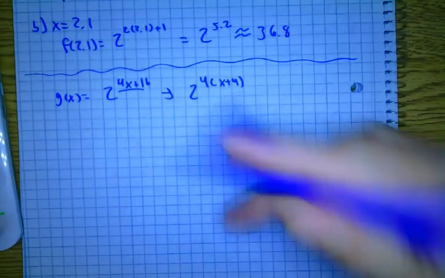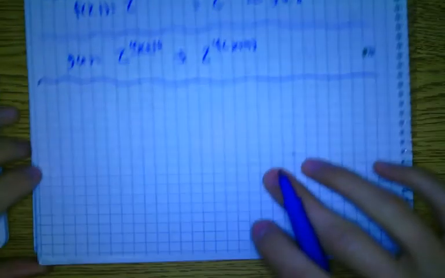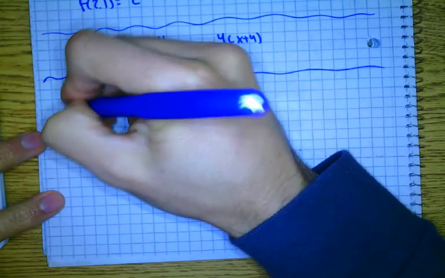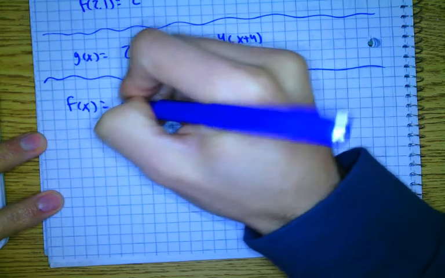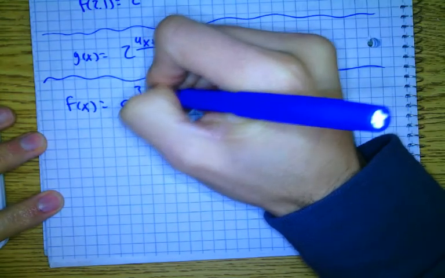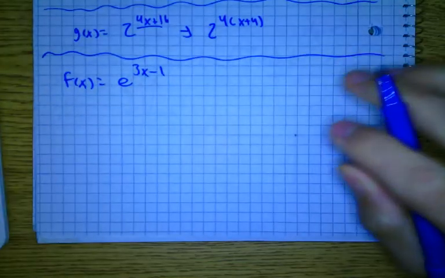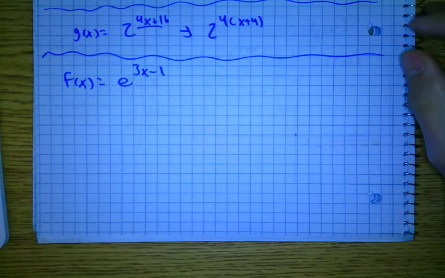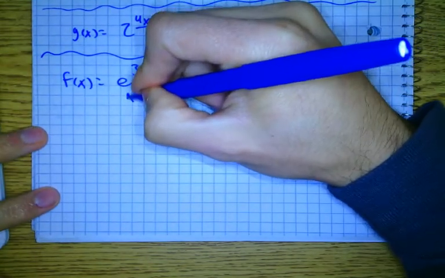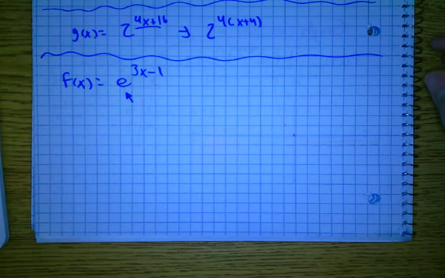Let's say I give you f of x equals e to the power of 3x minus 1. Okay, so first of all, let's talk about that. What do you remember about that from Algebra 2? It's a number. E is a number, right? Does anyone remember what its name is?